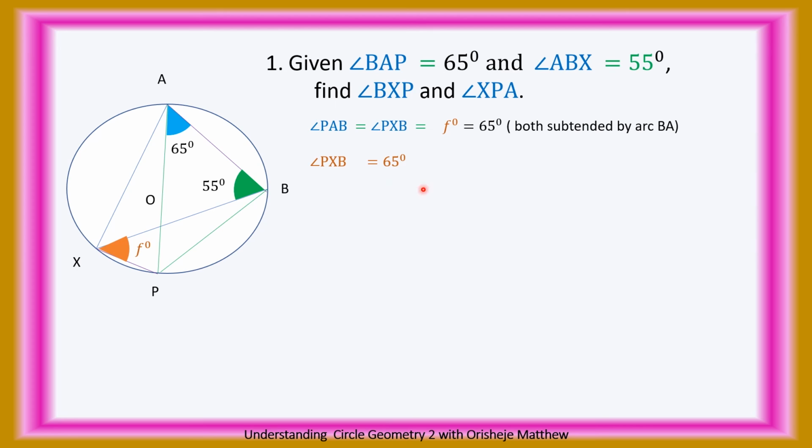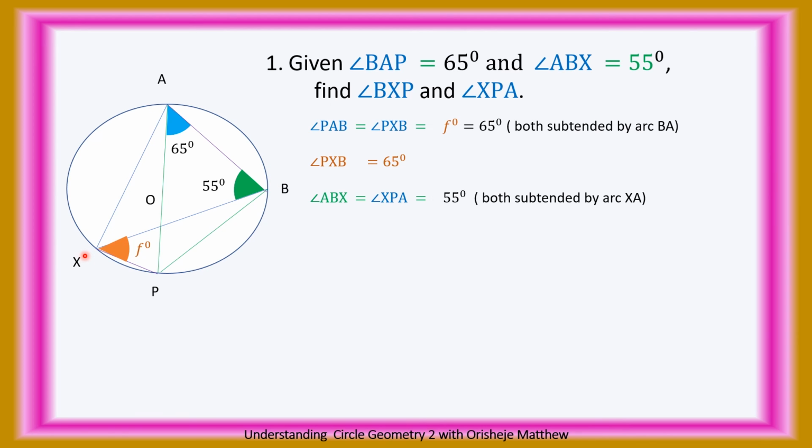So let's look at that. It's equal to what? 65 degrees. Right. So let's look at angle ABS. Angle ABS is equal to angle SPA. You look at this chord here, go and come to the end.